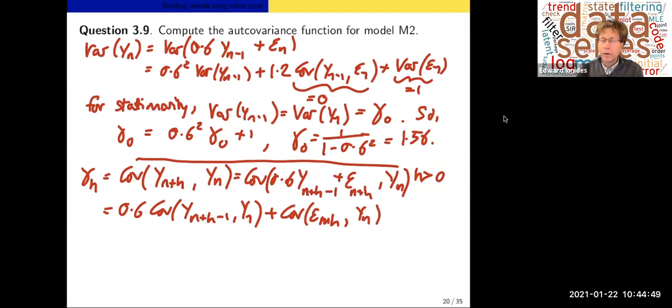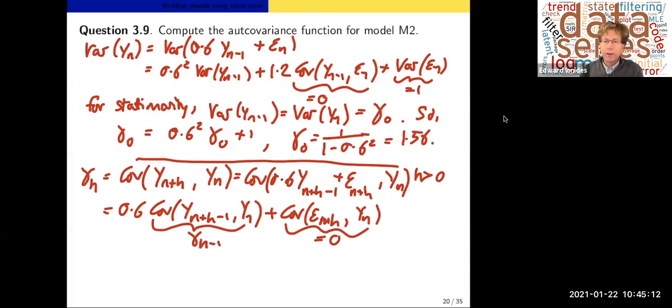Because this is white noise, epsilon n plus h is independent of yn, so this thing is 0. And this thing here is exactly, by definition, gamma h minus 1.